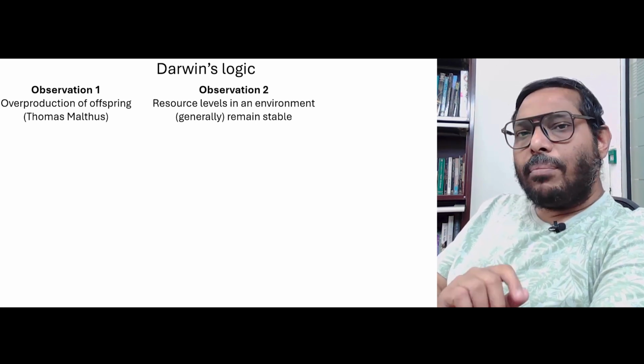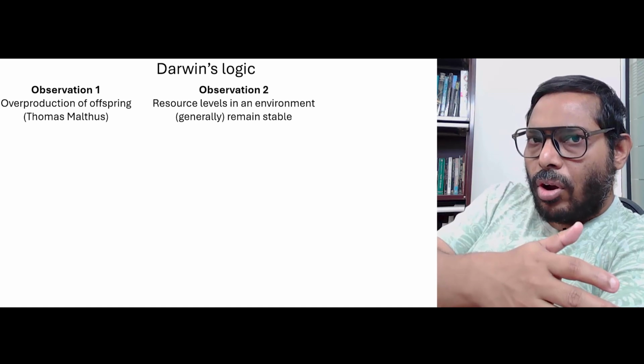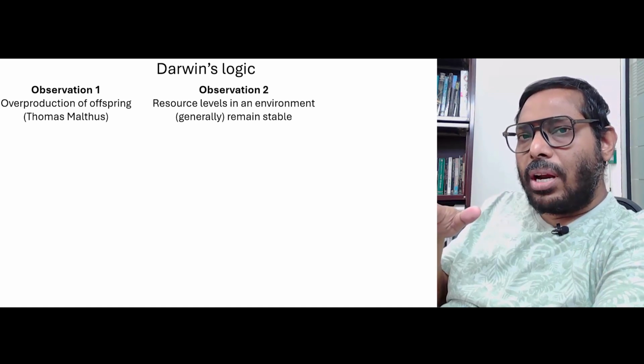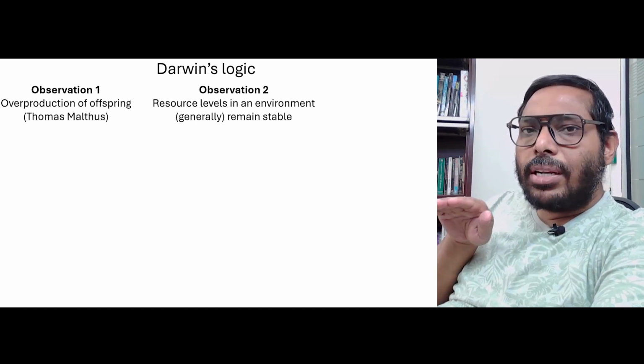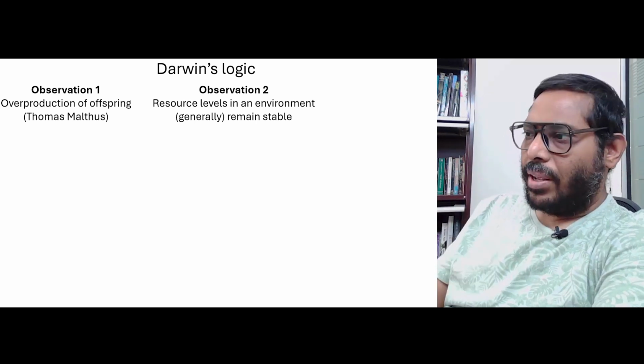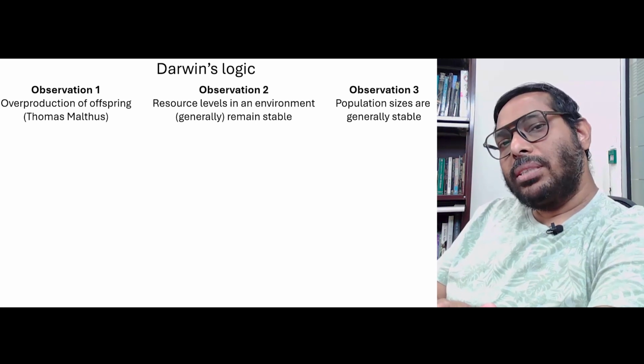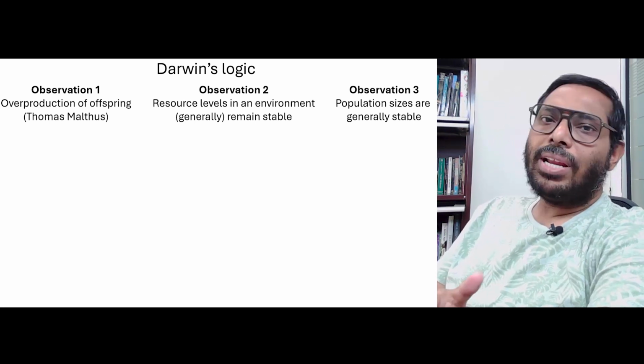If that is the case, then with lots of offspring and resource levels roughly stable, you expect the population size to increase greatly, exponentially. And yet what we normally see is that population sizes on an average remain stable.